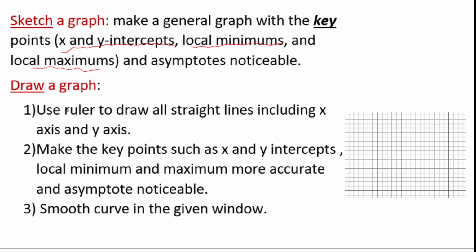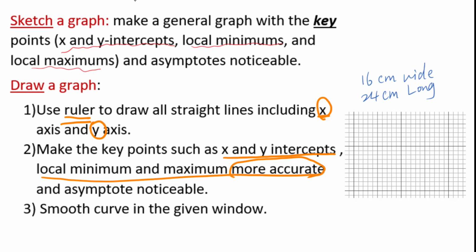Drawing a graph means using a ruler to draw all straight lines, including the x-axis and y-axis, making the key points such as x and y intercepts, local minimum and local maximum more accurate, and also the asymptotes noticeable. What's the meaning? Make key points more accurate.